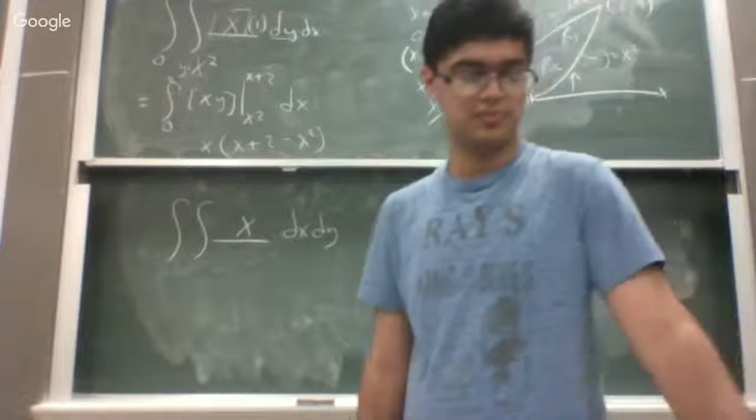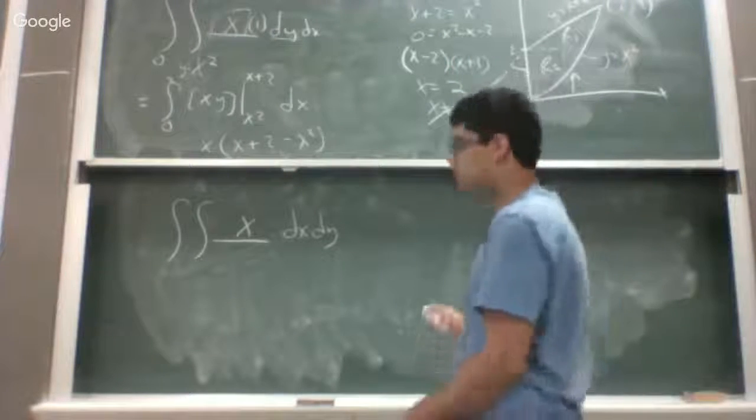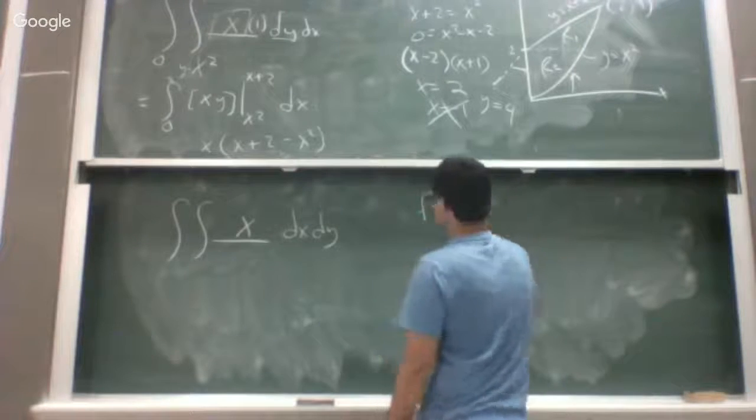Oh, they actually write out the double integral for you on this. No, they didn't, but they tell you f of xy is equal to, so in this case, they give you that.